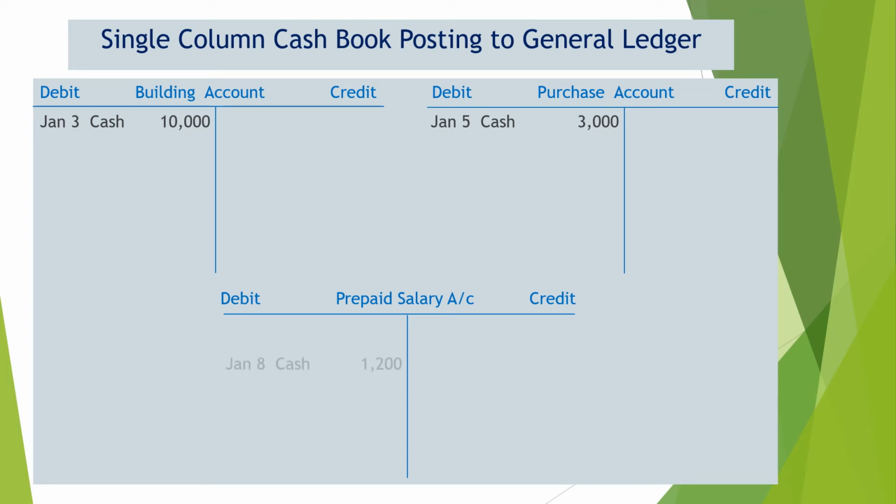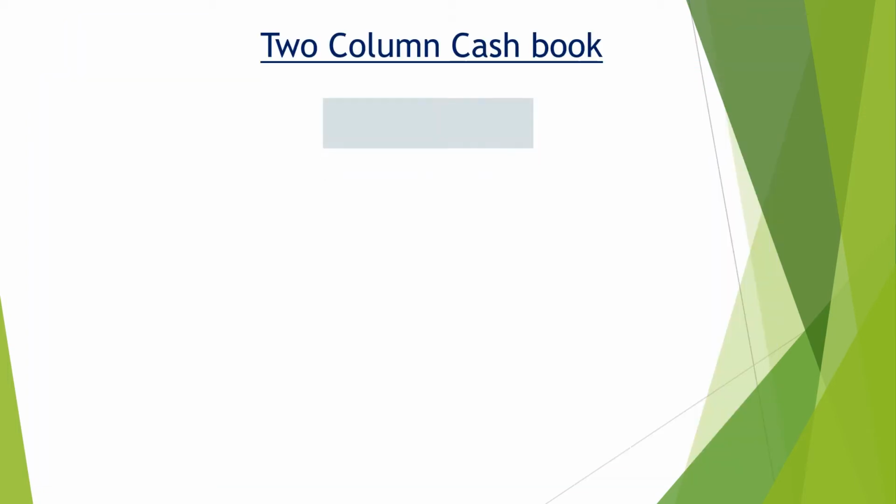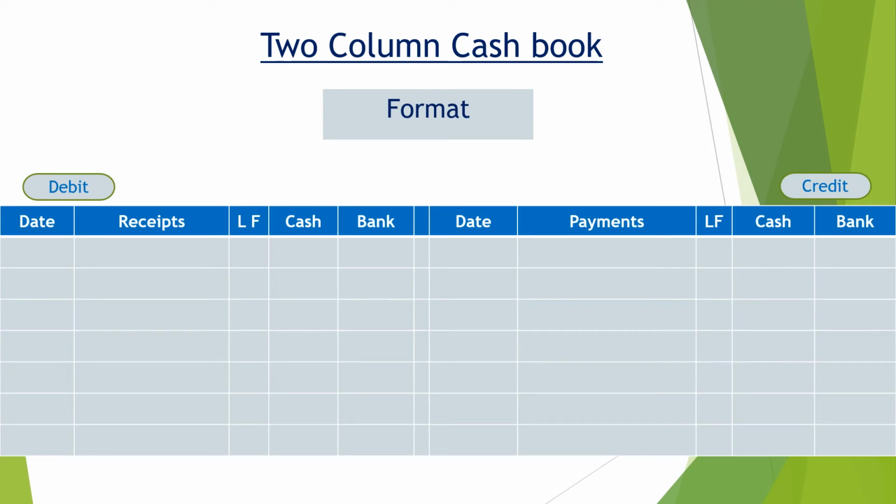Now we come to the other type of cash book, which is two-column cash book. And this is the format of two-column cash book where cash and bank both columns are there. A simple way that cash receipts and payments will go to cash column and bank receipts and bank payments will go to bank column.